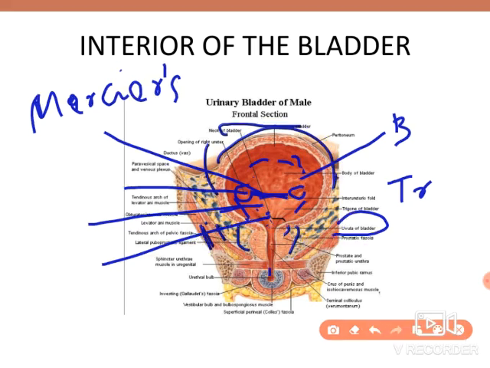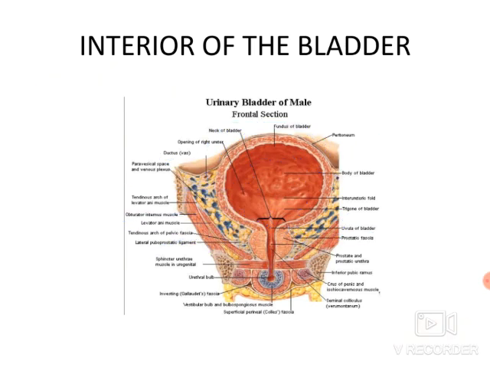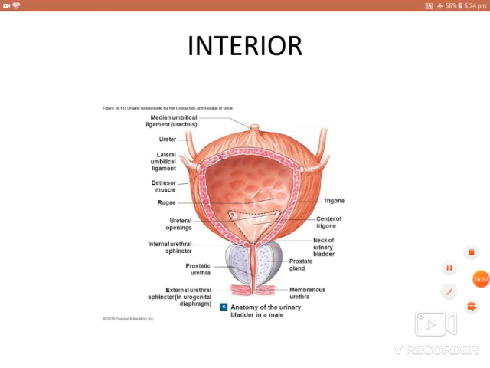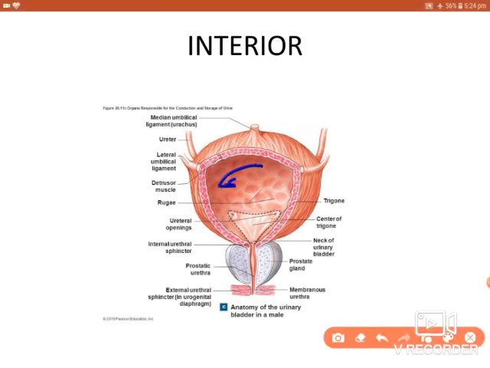That's all about the interior of the bladder. Here also you can see the same figure. Here the mucosal folds will be irregular. The lower part, the base, is called the trigone of the bladder. See the lateral angles of the trigone, there you can see the opening of the ureter.